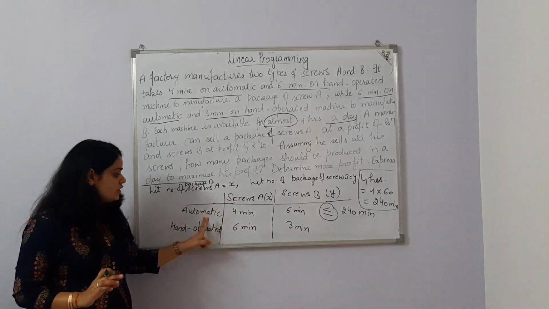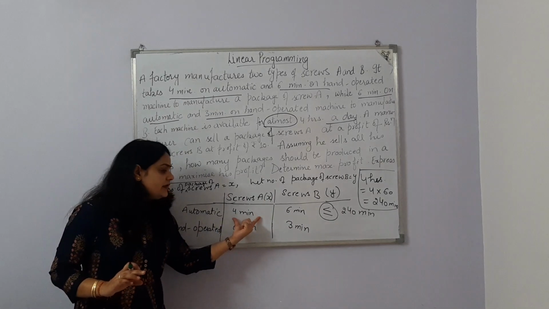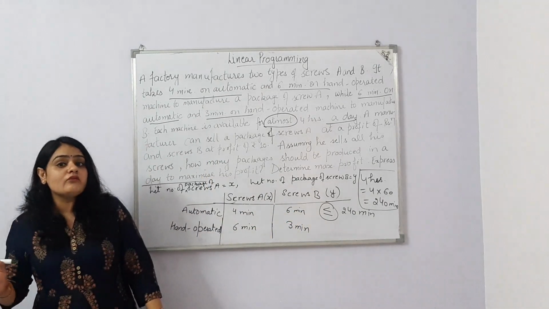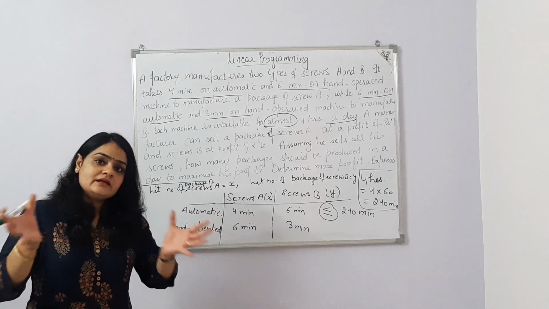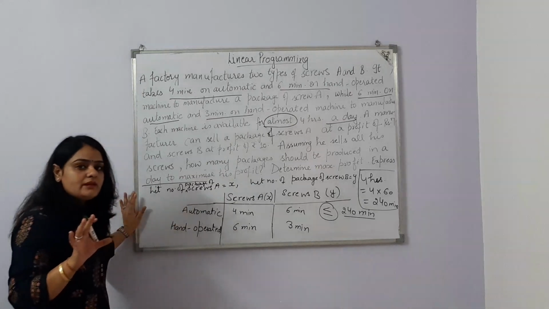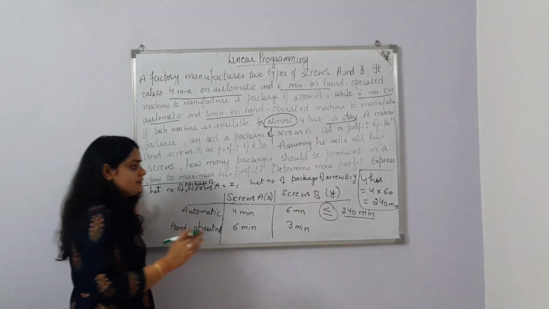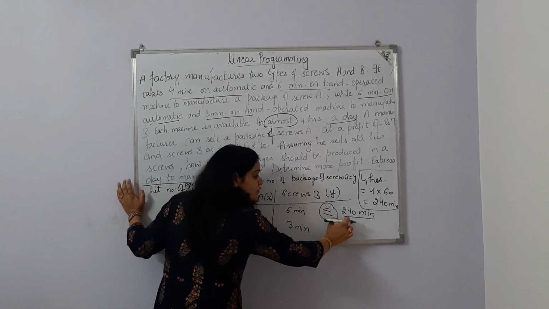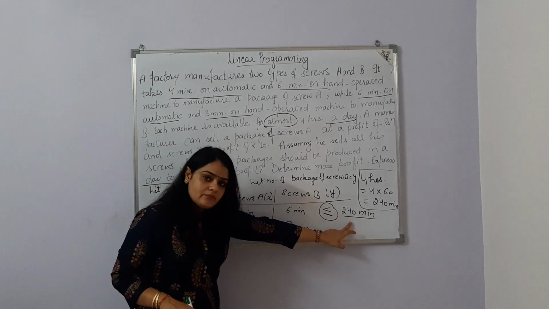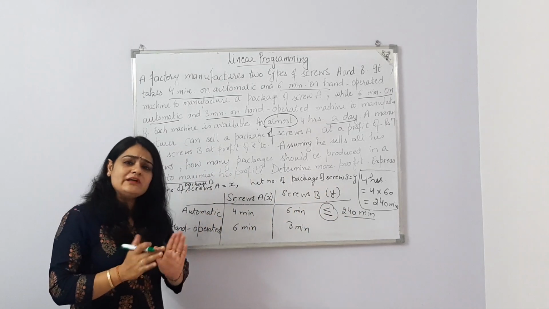The automatic machine is manufacturing both types of screws, A and B. For screw A it takes 4X minutes, and for screw B it takes 6Y minutes. Both combined must be within 240 minutes, because the maximum availability of the automatic machine is 240 minutes. The inequality sign says the machine can be used for 240 minutes or less, because it is available only for 240 minutes.